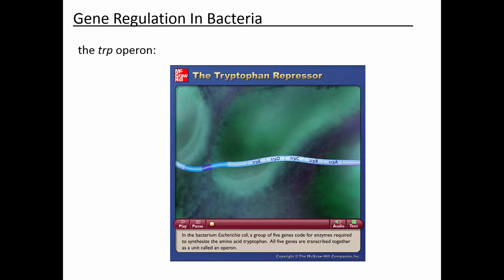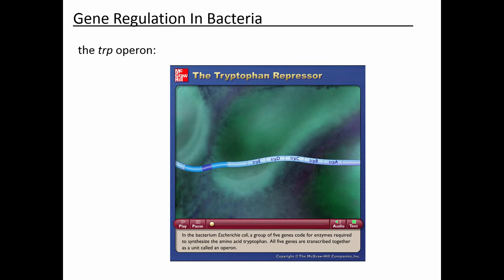You can see it in the animation that we're going to watch here. You have genes E, D, C, B, and A. All those genes code for proteins that are involved in synthesizing tryptophan, this amino acid that the cell is going to need. Basically, a bacterial cell could find itself in two environments with respect to tryptophan.